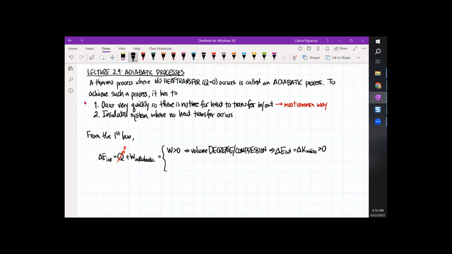On the other hand, the work is negative if the volume increases. And if it increases, then we have an expansion.